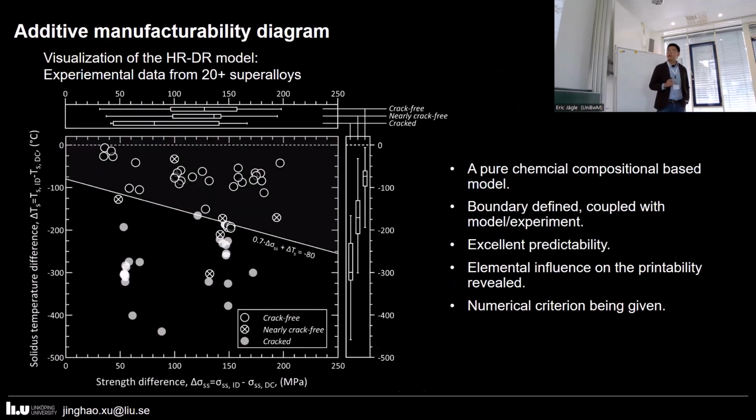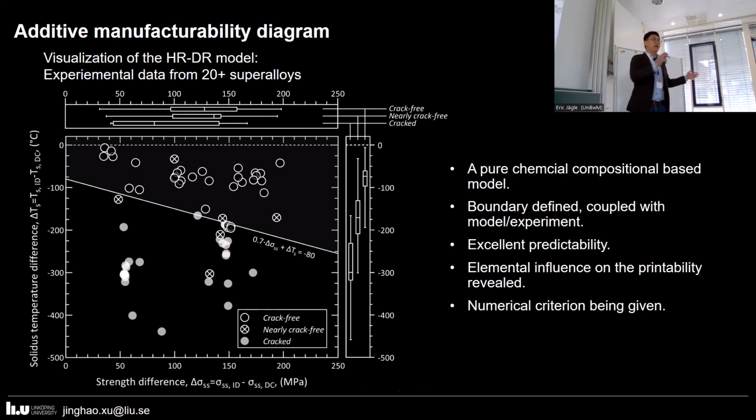Okay, then we look into this so-called additive manufacturability diagram. It was visualized for this model and from the experimental data as much as I can find. On the y-axis, I have the heat resistance, and on the x-axis, I have the deformation resistance. And I hope you still remember those alloys at the top right corner.